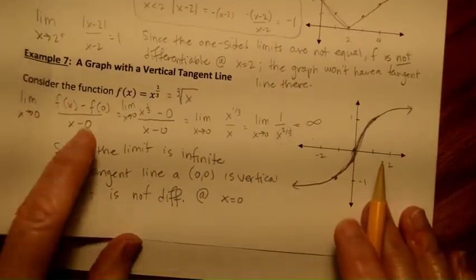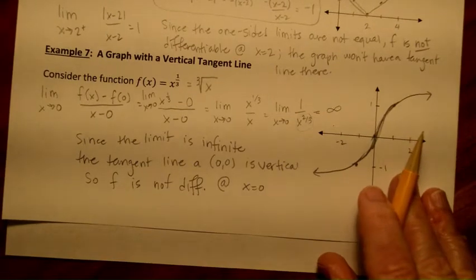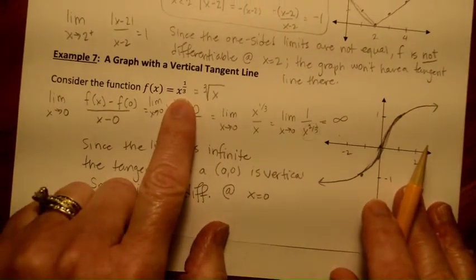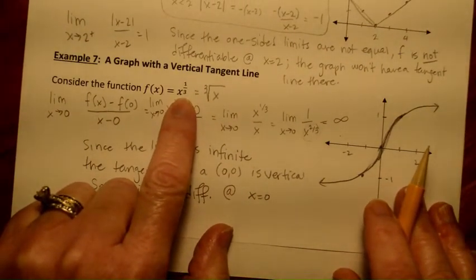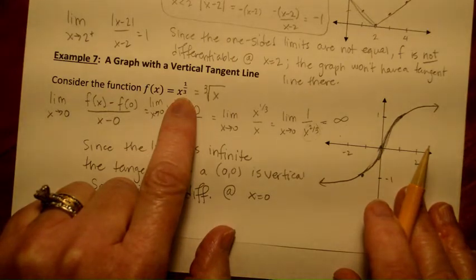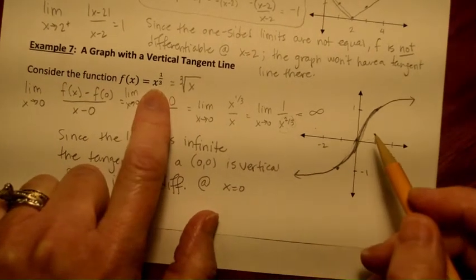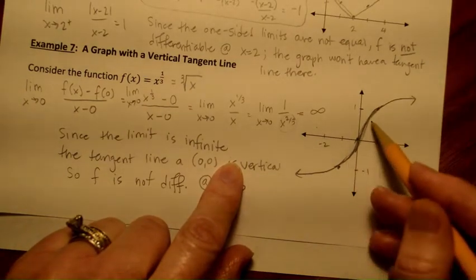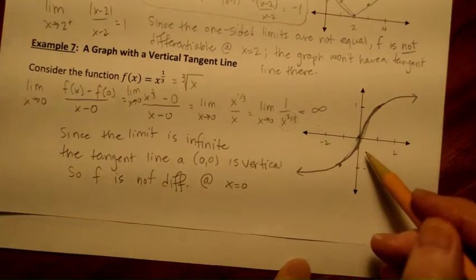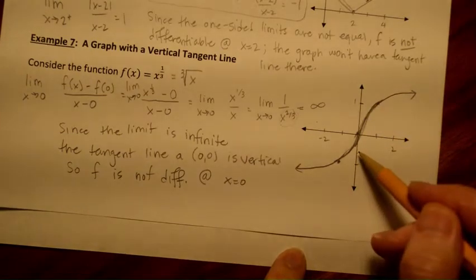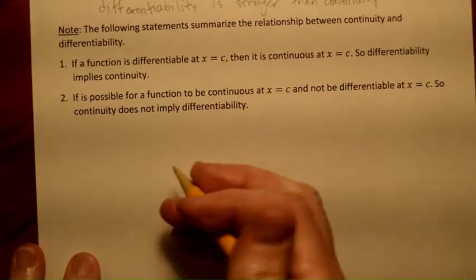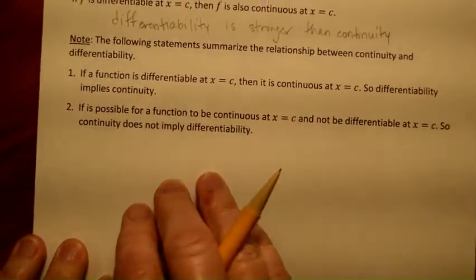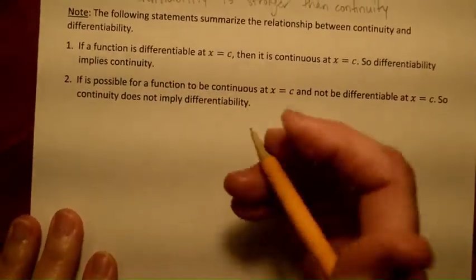And then the second example was a function that had a fractional exponent where that exponent was between 0 and 1. What we found was that we ended up with a vertical tangent line, and so it's not differentiable there. I'm just going to summarize those two examples because, truth be told, those are the ones that we're going to see most often.